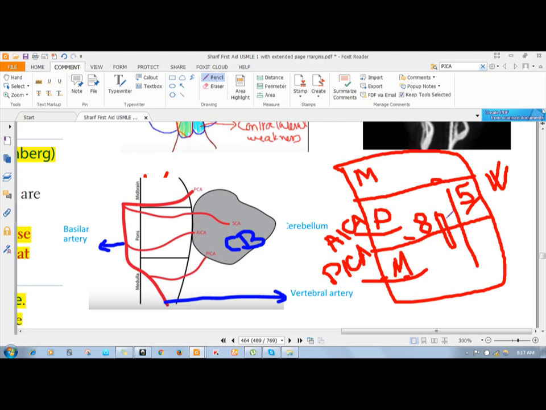You are going to have symptoms like vertigo, vomiting due to lesion of the 8th cranial nerve, and you are going to have loss of sensation of your face on the same side. So this is very common in both of those syndromes, in AICA and also in PICA. Okay, so this is another set of idea.